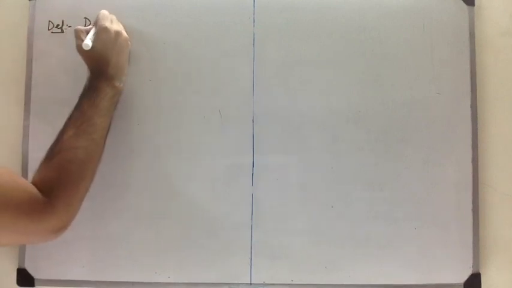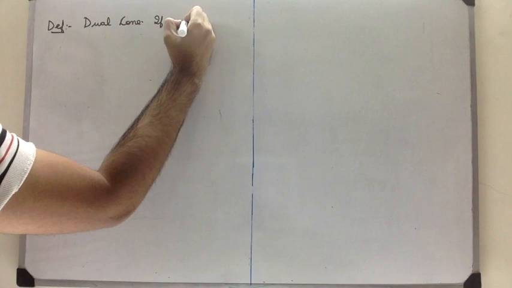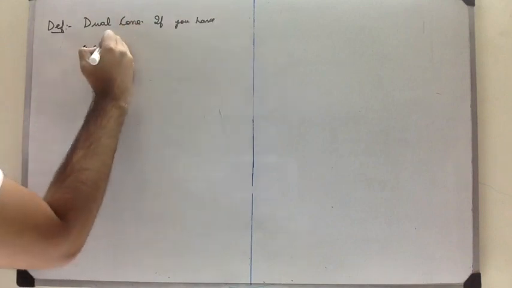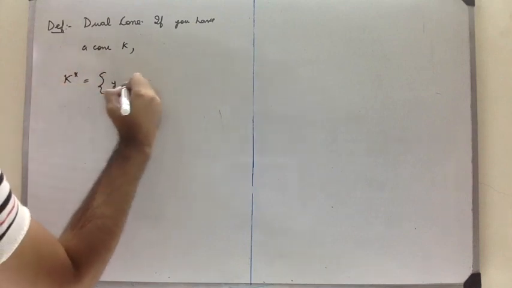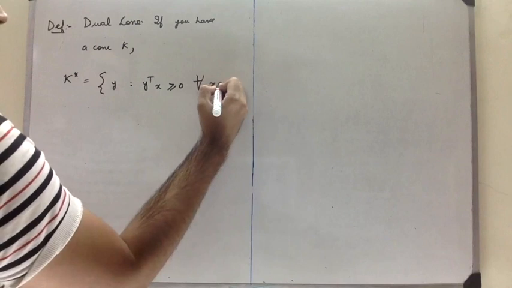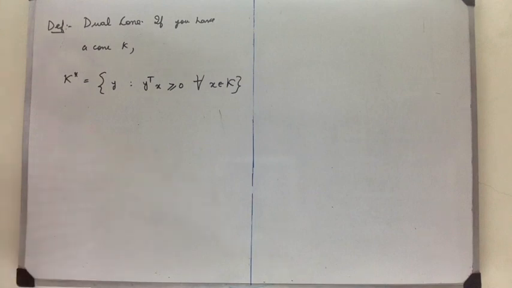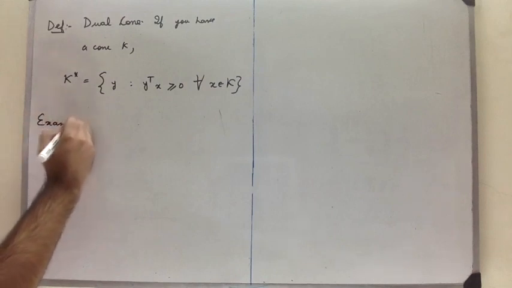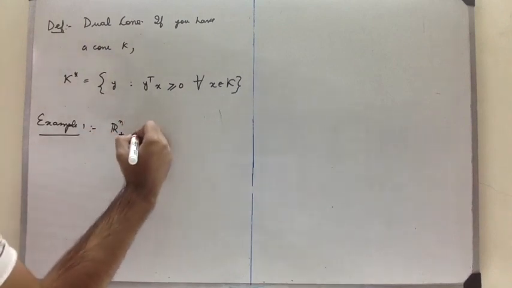We now define what is called a dual cone. If you have a cone K, then the dual of K, written as K star, is the set of all Y which makes a positive angle with all the elements of the cone K. For example, the positive orthant Rn plus is its own dual.